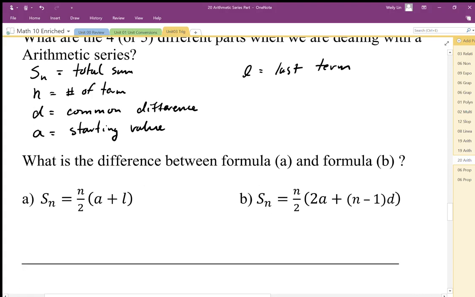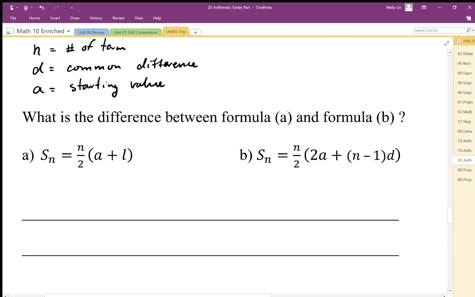So what's the difference between these two formulas? Basically, this formula involves the last term, and this formula doesn't involve the last term. When we have the last term, we can use formula A. If we don't have the last term, we can use formula B. So we can generalize in that way.